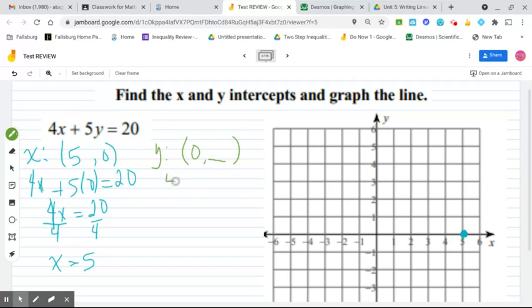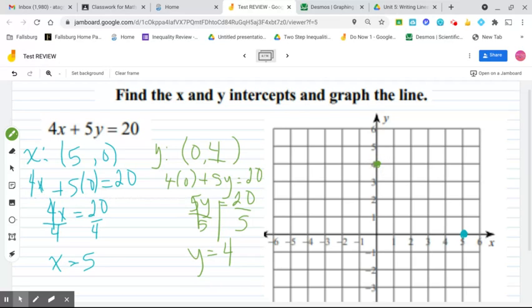So we're going to do 4 times 0 plus 5y equals 20. 4 times 0 is 0, so we just have 5y equals 20. Divide each side by 5, and y is equal to 4. So that means our y-intercept is 0, 4.